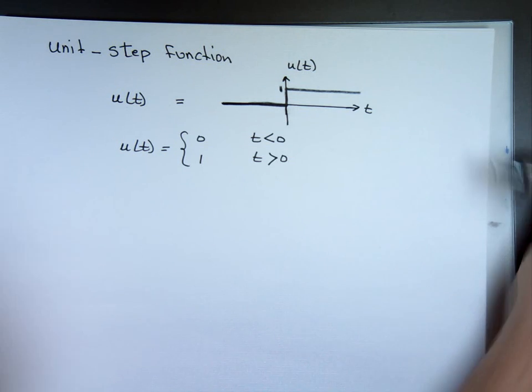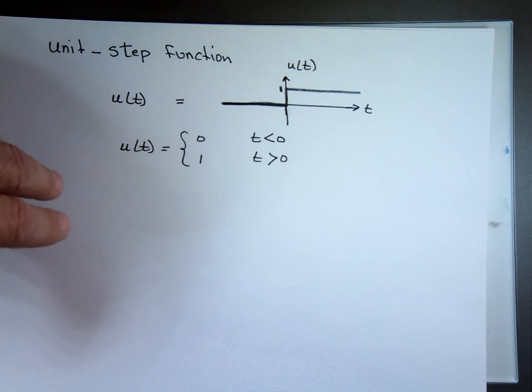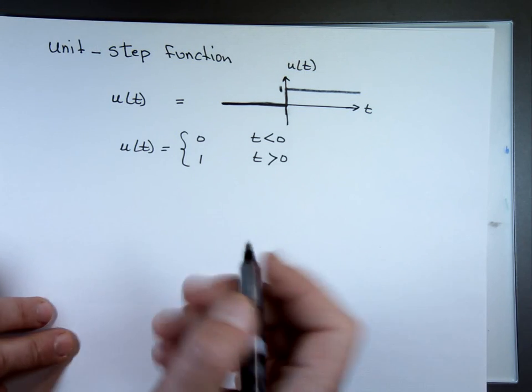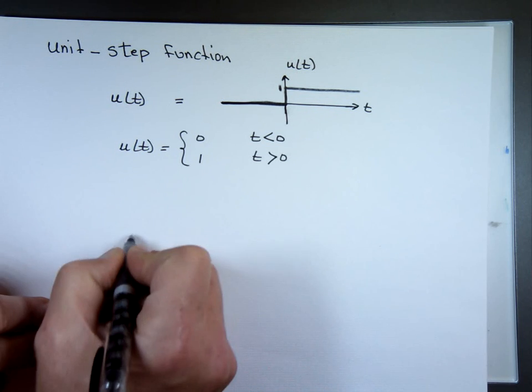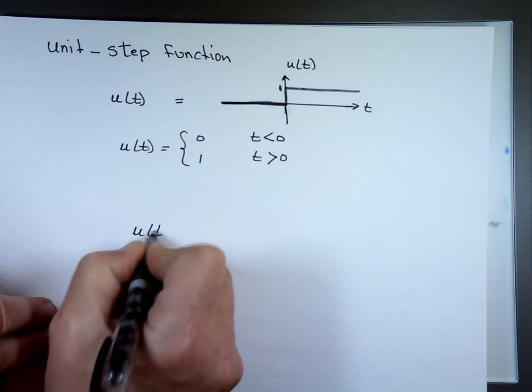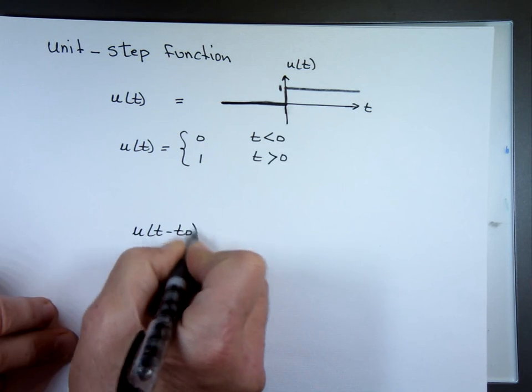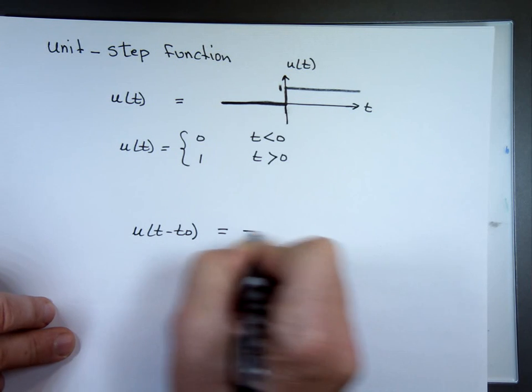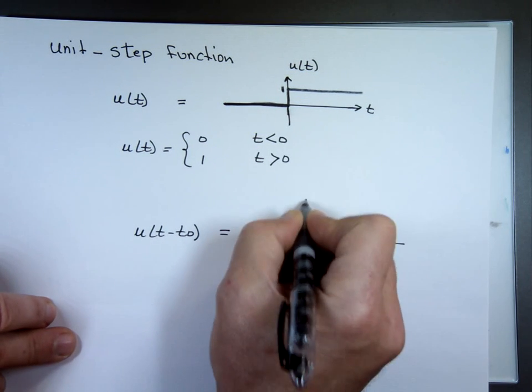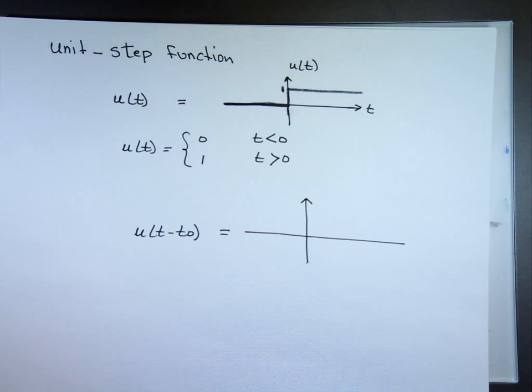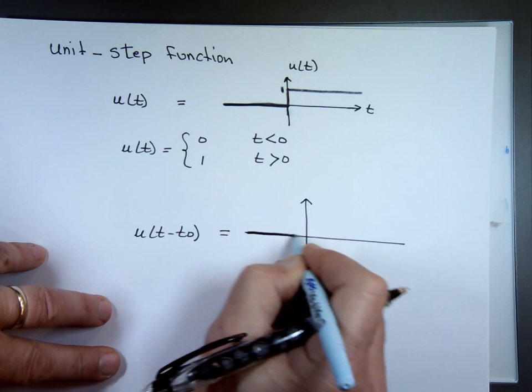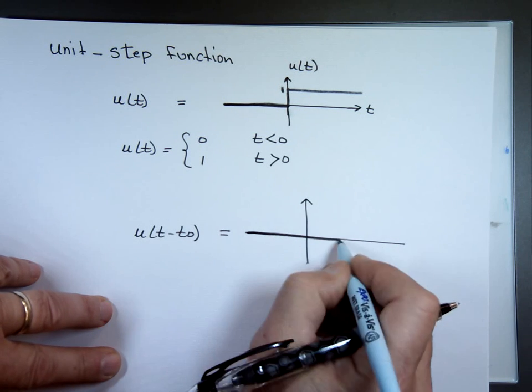Now, a lot of times the function does not start at 0. It might start somewhat later there. So you might have a function called u sub t minus t0. And that will look something like this. It has a value of 0 till you hit t0.